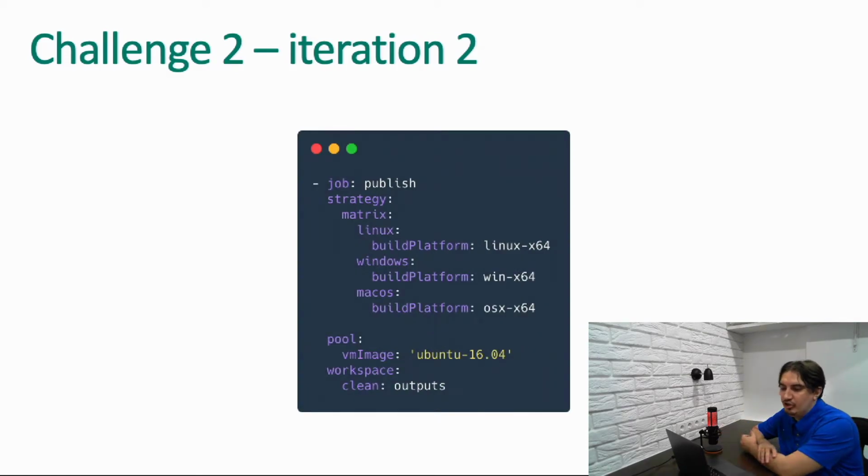On the job level, you define your strategy, and you say that my parallelism strategy will be matrix, and then I define items for that matrix. In my case, it's Linux, Windows, and macOS. For each and every value in that matrix, I define a set of environment variables. As you can see, the name is always the same, but the value is always different. That's Linux, that's Windows, and that's macOS.